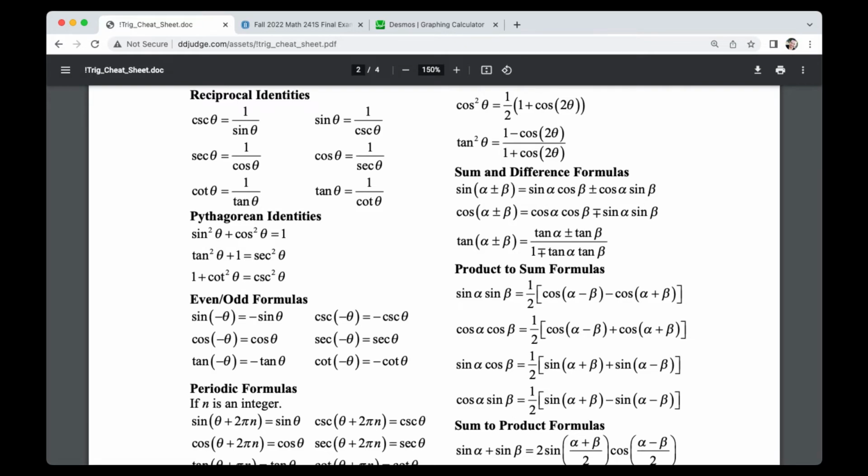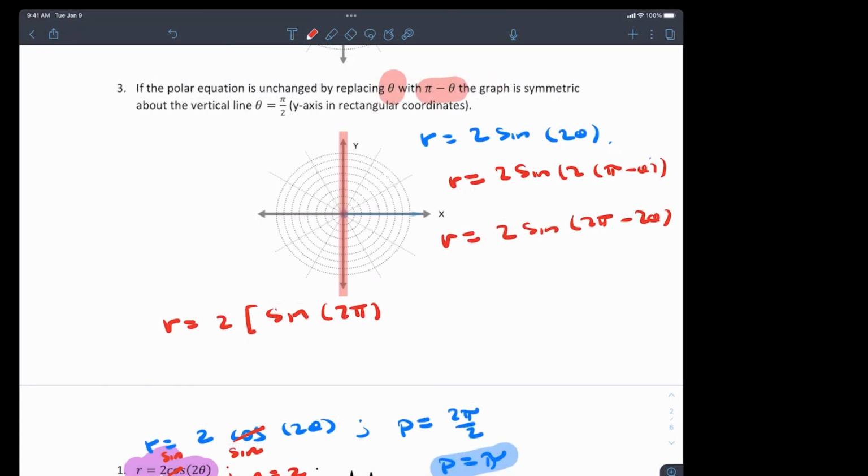Isn't that sine 2 pi cosine 2 theta minus cosine 2 pi sine 2 theta, by the difference formula?